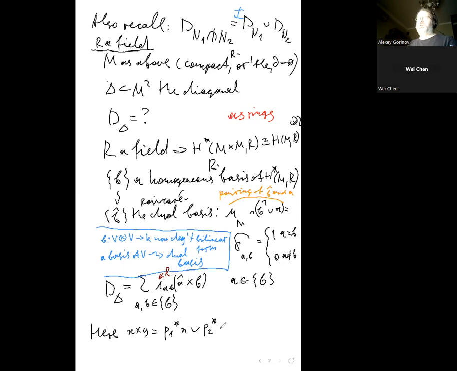Well, this is a notation I think we used a few times before. Let's recall it. The cross product can be expressed in terms of the cup product using this formula.